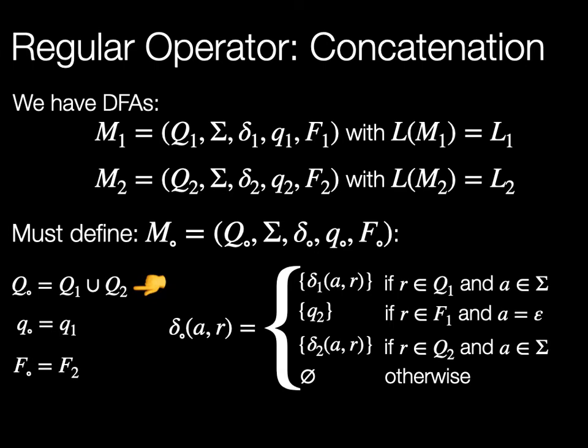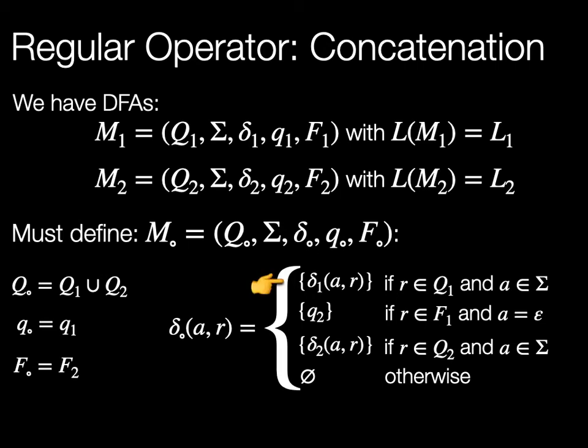Our new NFA has the same states as M1 and M2, but our new start state is M1's start state, so that we always start with first trying to accept the word in L1. The final states are the final states in M2. This way, we only accept when we're able to consume W1 by M1 and then W2 by M2, finishing off the concatenation.